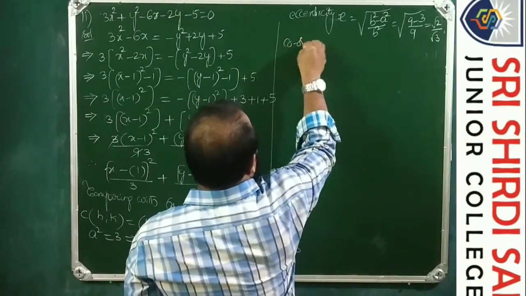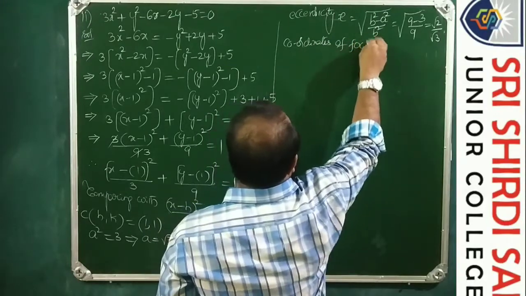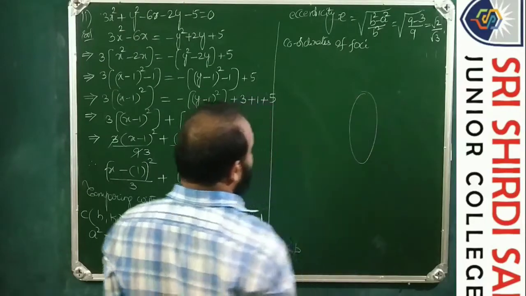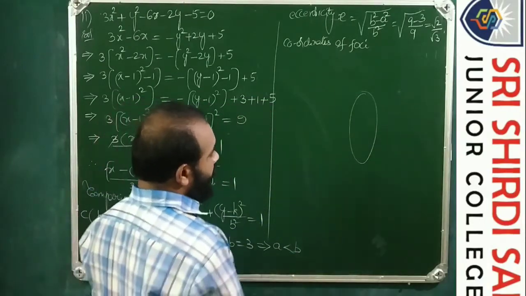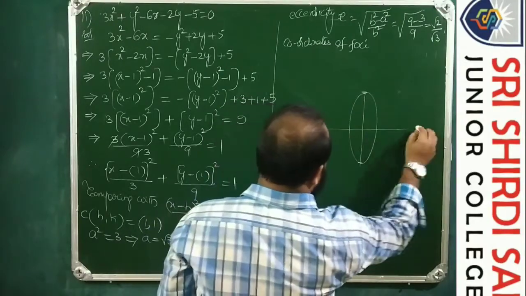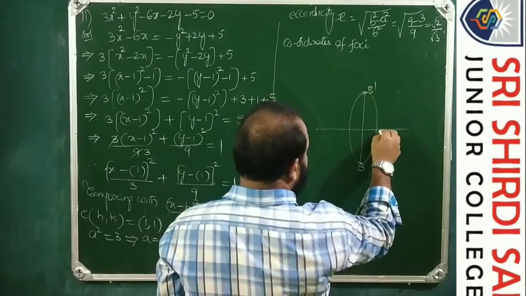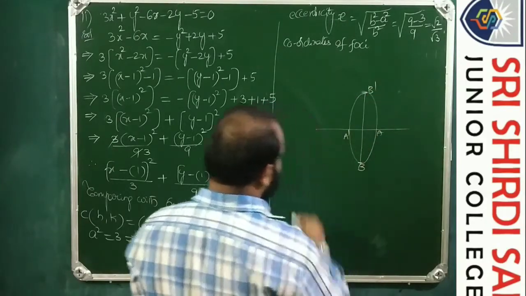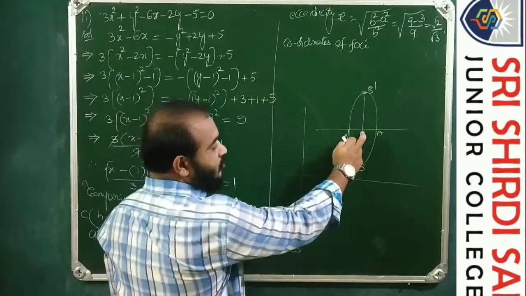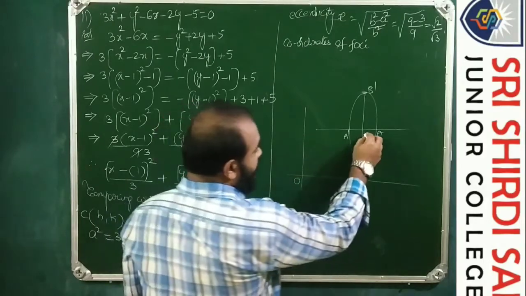Coordinates of foci. Since the ellipse is like this, this is B dash, this is A dash, and its center is not at the origin. The origin is here, and here C is h comma k.